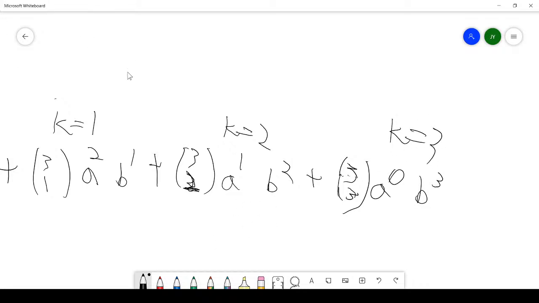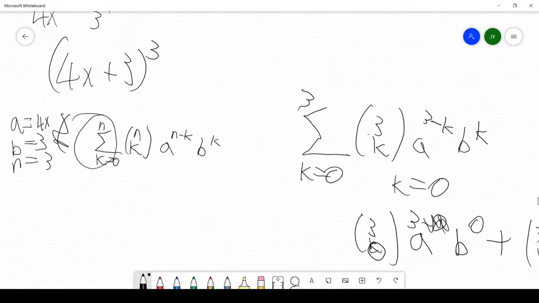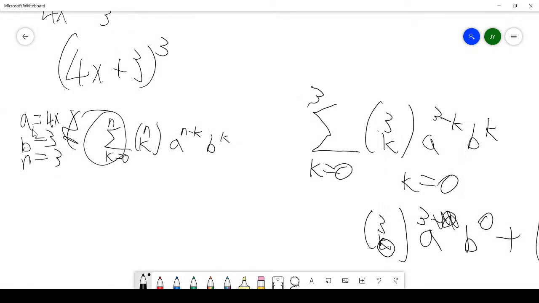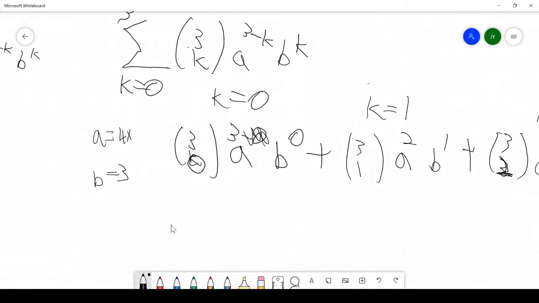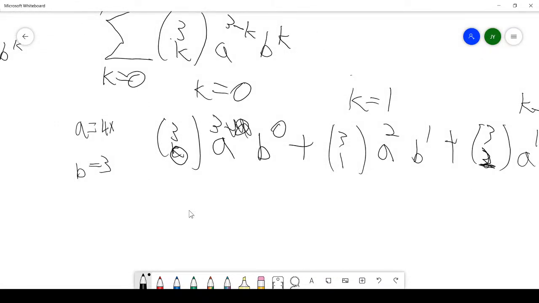And you said earlier that a equals 4 and b equals 3. Let's start plugging this in, right?